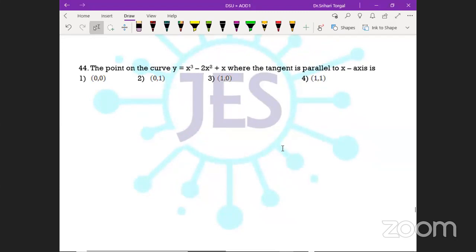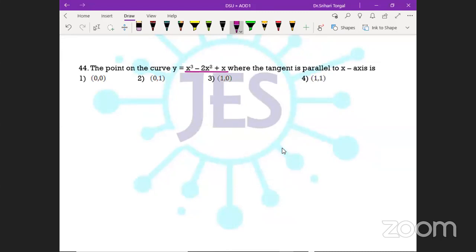The point on the curve y equal to x cube minus 2x square plus x, where the tangent is parallel to x-axis. Here, by looking at the curve only, we can say that this is a curve which passes through origin, because it does not contain any constant.